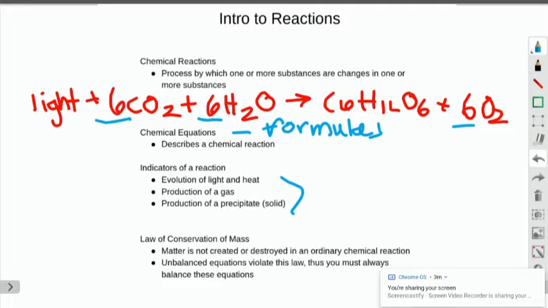In these chemical reactions, when we complete them, we have to balance them. We have to make sure that each side has the same mass. We learned this at the beginning of the year, the law of conservation of mass, where matter is not created or destroyed in an ordinary chemical reaction.